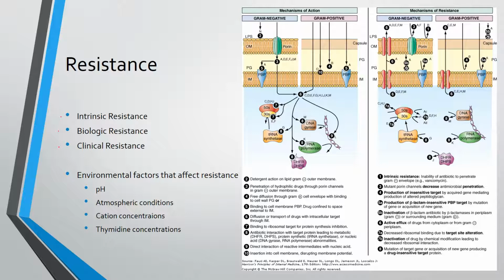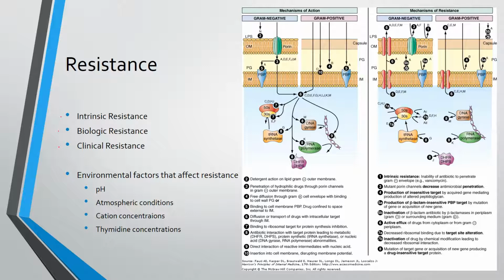Intrinsic resistance is when an antibiotic never would have worked against that bug for whatever reason. We just talked about it. Metronidazole, Pseudomonas aeruginosa, you would never combine those two. That's intrinsic resistance, okay? Biologic resistance is when you in the lab or whatever are noticing changes in the bug, not in the drug, but in the bug, that are resulting in decreased sensitivity to a particular drug, okay?